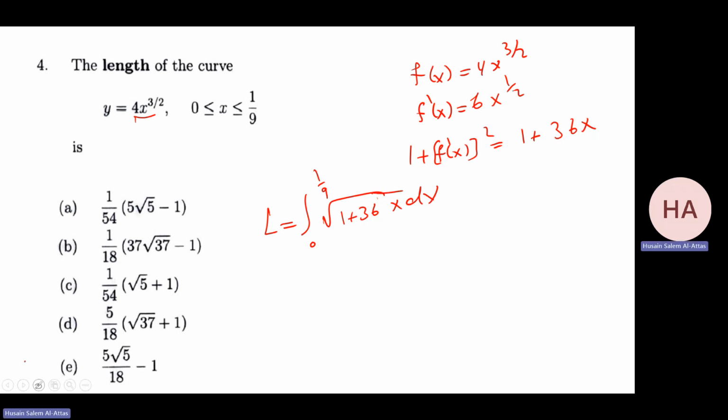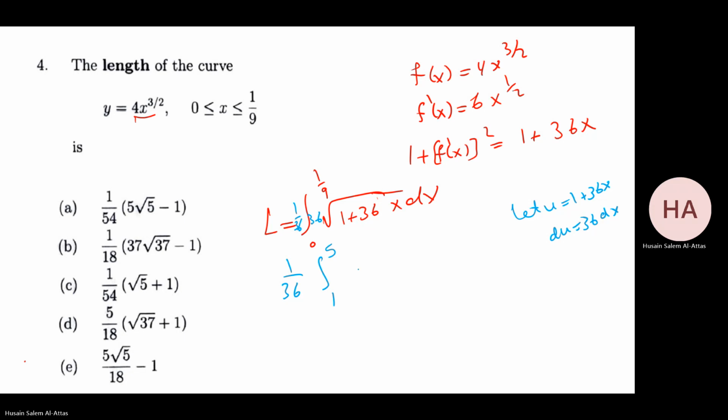I'll do the substitution now. Let u equal 1 plus 36x. du will be 36 dx, so I need 1 over 36. That 1 over 36 from where to where? From 1 to 5. 36 over 9 is 4, plus 1, it's 5.